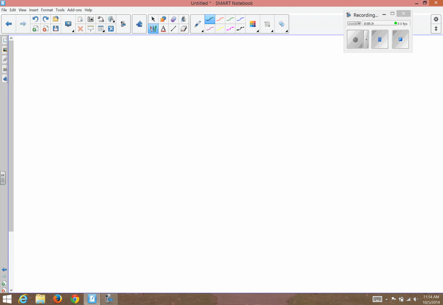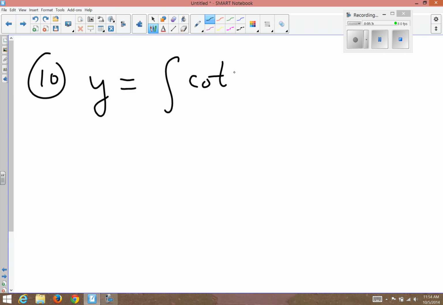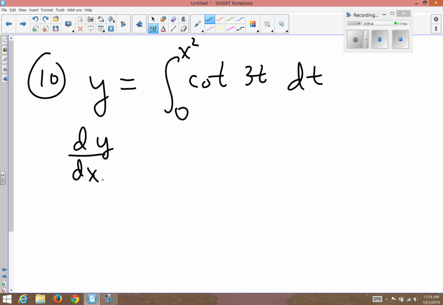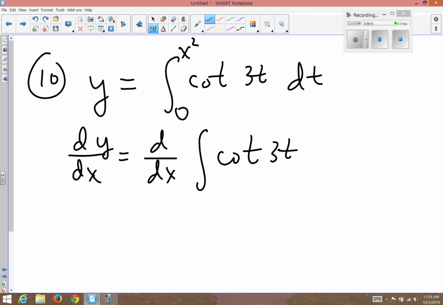So now we're going to look at number 10. Y equals the integral of cotangent 3t dt from 0 to x squared. So we take the derivative of both sides with respect to x: the derivative with respect to x of the antiderivative of cotangent 3t dt from 0 to x squared.